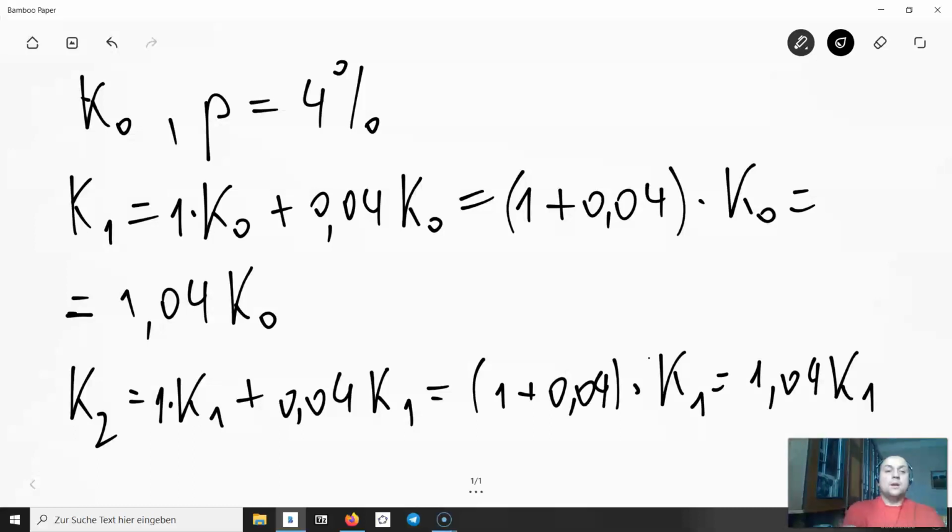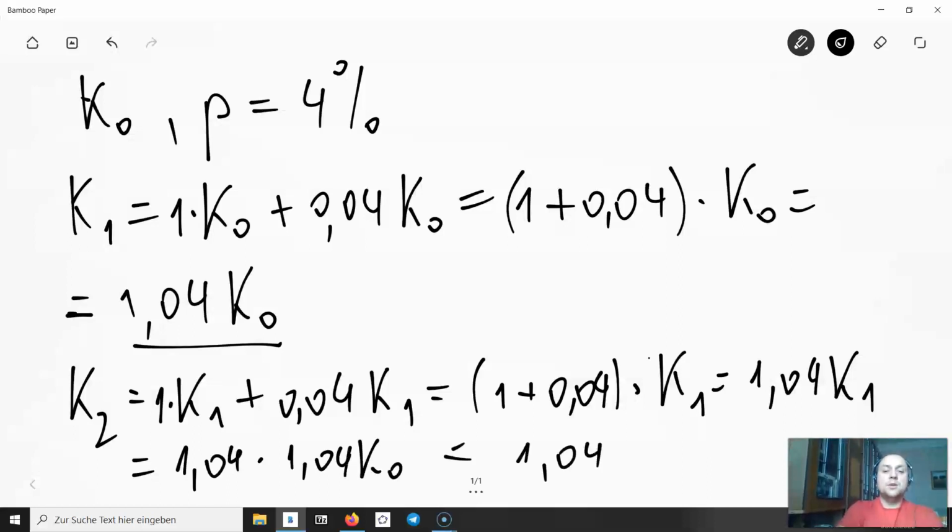We also know that K1 is 1.04 K0, so substituting, we have 1.04 times 1.04 K0, which gives us 1.04 squared times K0.